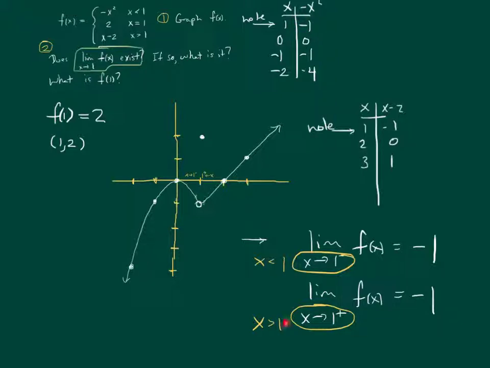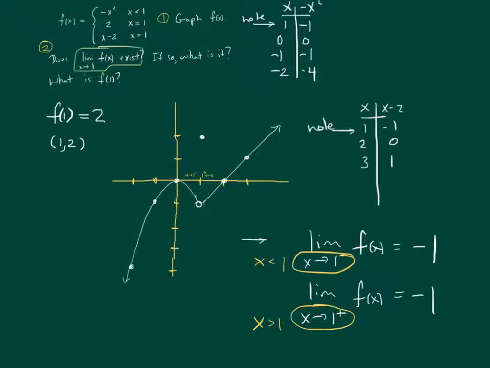Ditto for x bigger than 1. I go to my list of choices. I pick x minus 2 because that is the one that goes with x bigger than 1. x minus 2, when I plug in 1, gives me negative 1. Another way to figure out that these two limits are both negative 1.